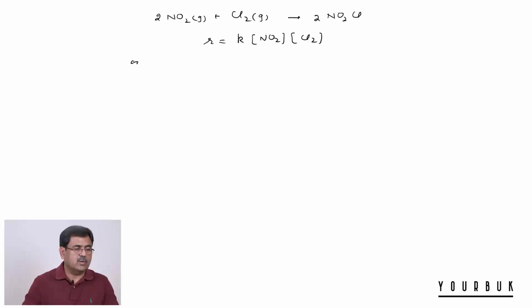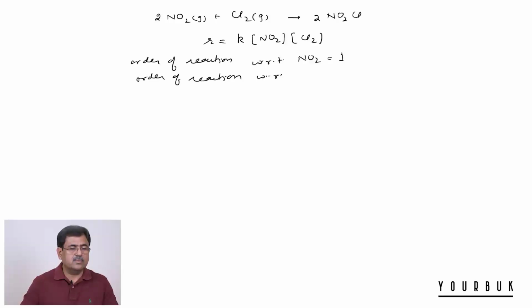Now in this case, the order of reaction with respect to NO2 is equal to 1, and the order of reaction with respect to Cl2 also equals 1, and the overall order of the reaction is equal to 2.